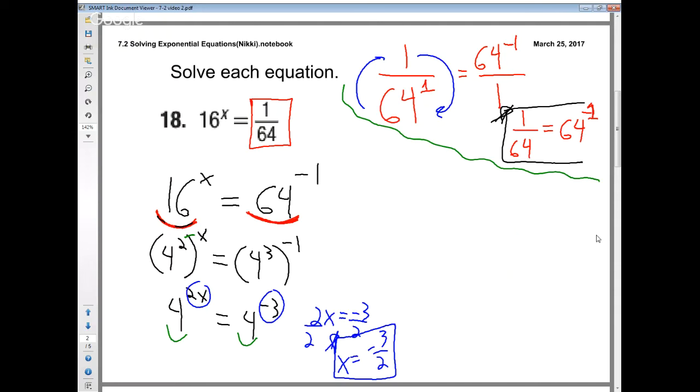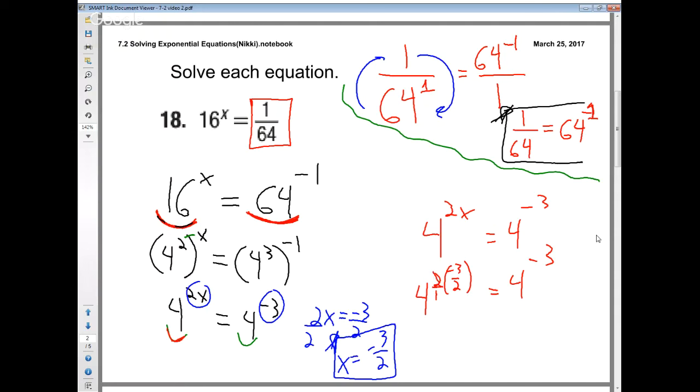So let's go ahead and double check. And while we're at it, let's just go ahead and plug the negative 3/2 into this part, the 4 to the 2x and the 4 to the negative 3. You'll get 4 to the power of 2 times negative 3 over 2 equal to 4 to the negative 3. And if you multiply 2 times negative 3/2, you can rewrite that 2 as 2 over 1.